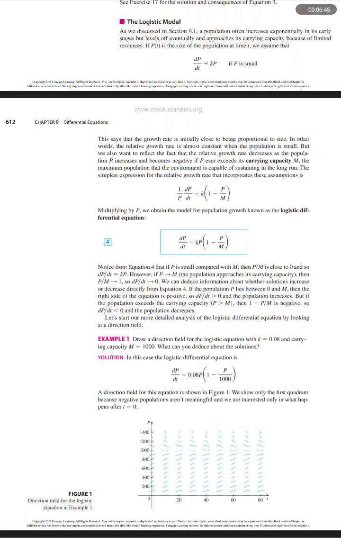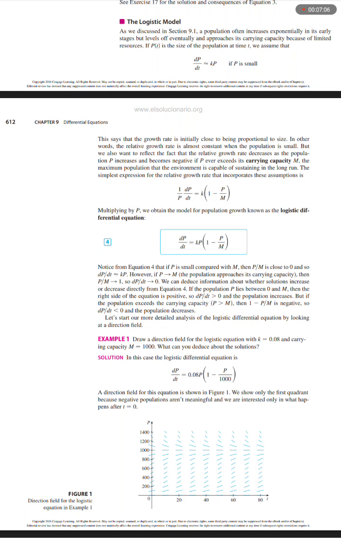But we also want to reflect the fact that the relative growth rate decreases as the population P increases and becomes negative if P ever exceeds its carrying capacity M, the maximum population that the environment is capable of sustaining in the long run.